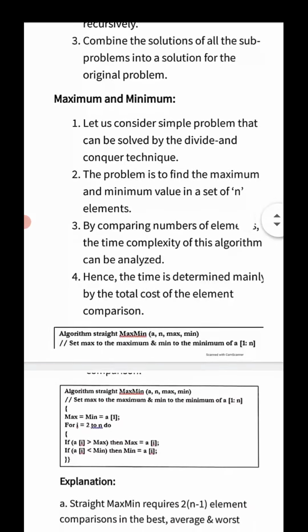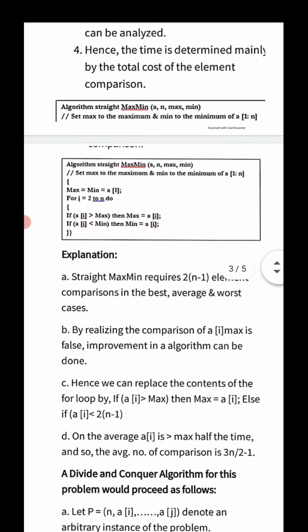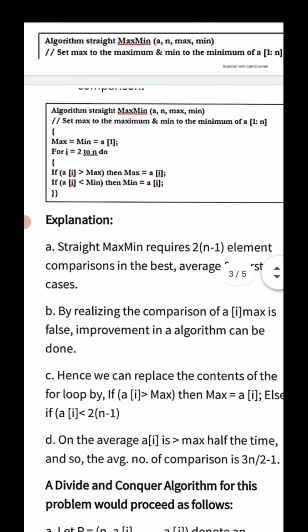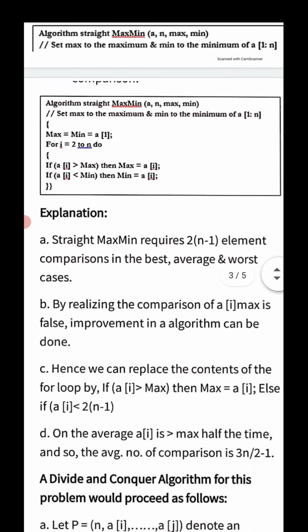Let us see the algorithm, in the sense the pseudocode, for finding the maximum and minimum element by using the divide and conquer technique. Listen carefully.